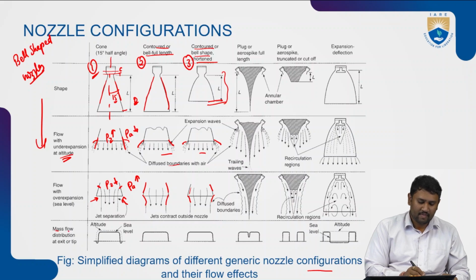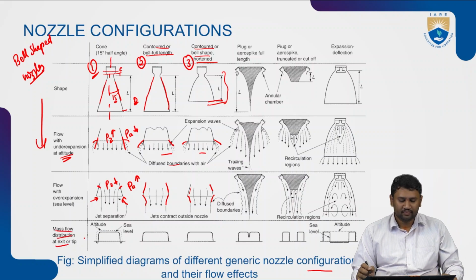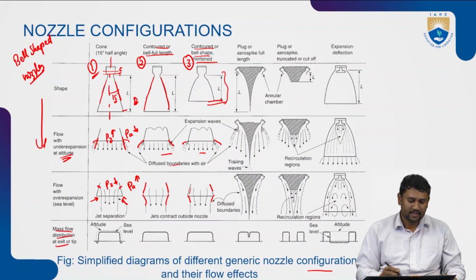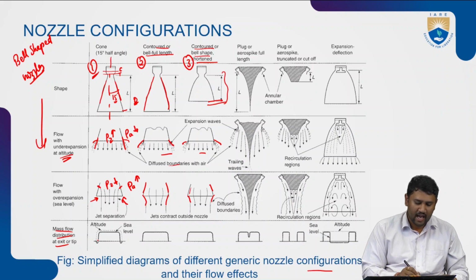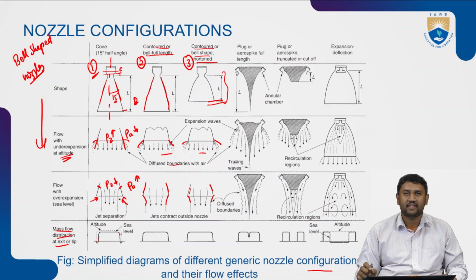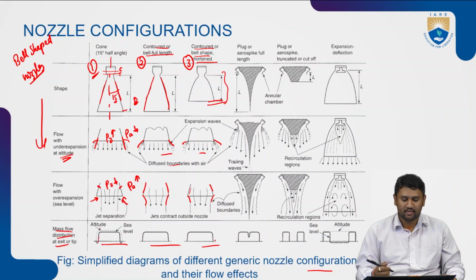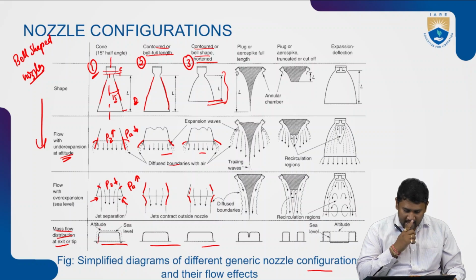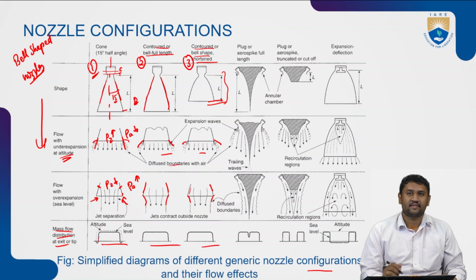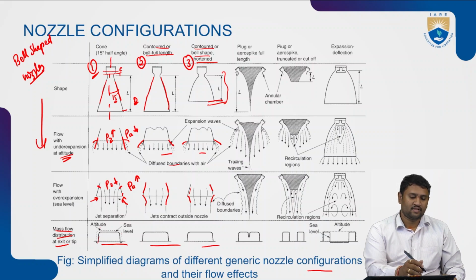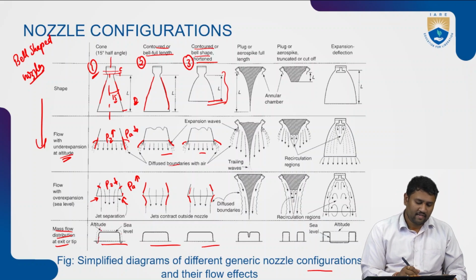Now, coming to the mass flow. What happens? The mass flow, as the altitude changes, as well as the sea level changes, these are your values, or these are your parts through which the mass flow varies, but the mass flow distribution happens at an exit or the tip. As you are having a straight edge, right? The straight edge nozzle, which is nozzle 1, what you'll be having?